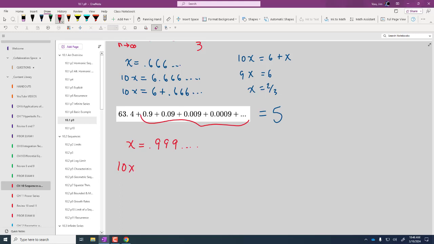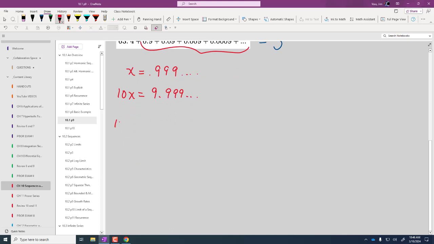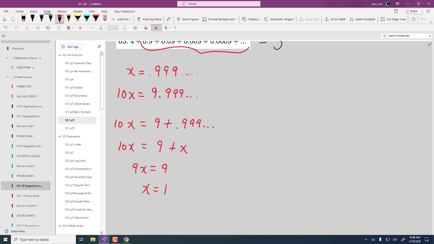Multiply both sides by 10. Bust apart the decimal point into an addition. Once again, we get 9 plus x. There's 10x, so we subtract the x, get 9x equals 9. So x is equal to 1.